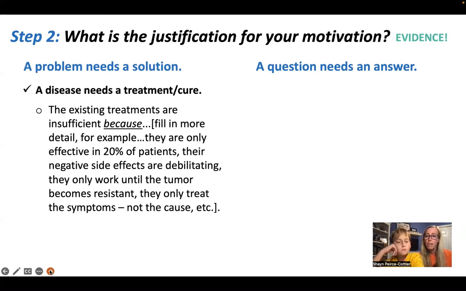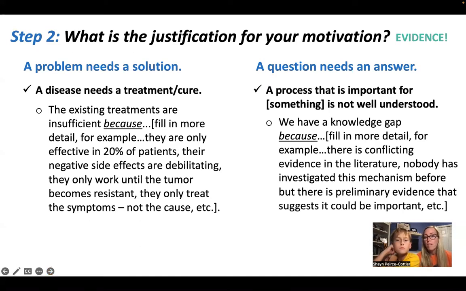If you're working on a question that needs an answer, an example could be, we have a knowledge gap because, for example, there's conflicting evidence in literature. Nobody's investigated this mechanism before, but there is preliminary data that suggests it could be important, etc. So the bottom line is a really good way to justify your motivation is to present a little snippet of evidence.